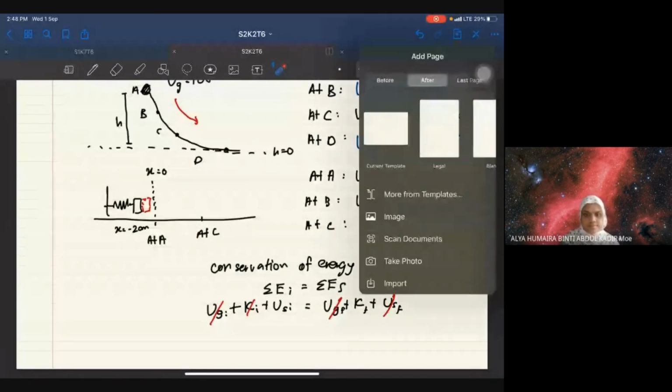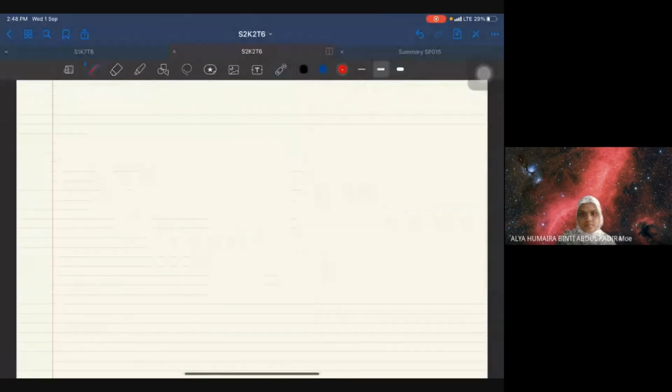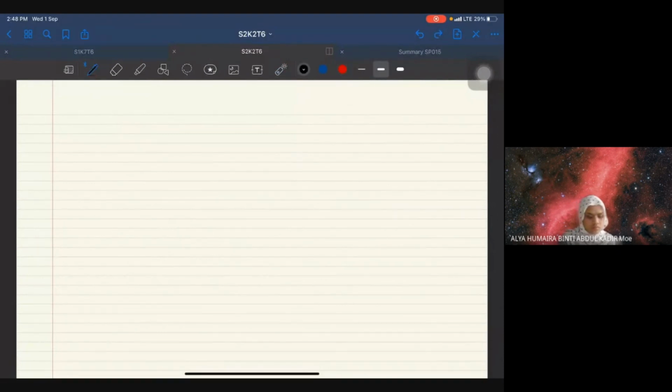Okay, another part is about the work energy theorem. Like before, work and energy are very related, and in fact there is a relation. Work equals delta K, where delta K indicates the change in kinetic energy, which is K final minus K initial. Since we are talking about the work done in the work energy theorem, this one will be work net.